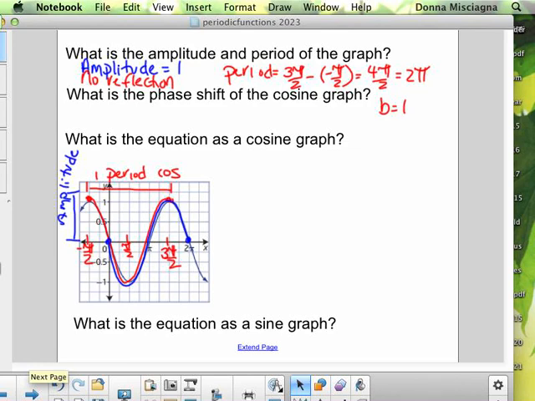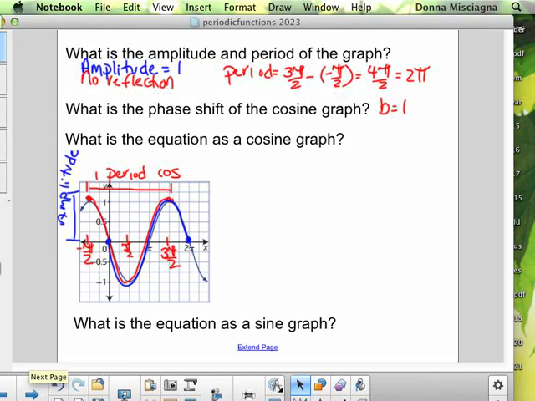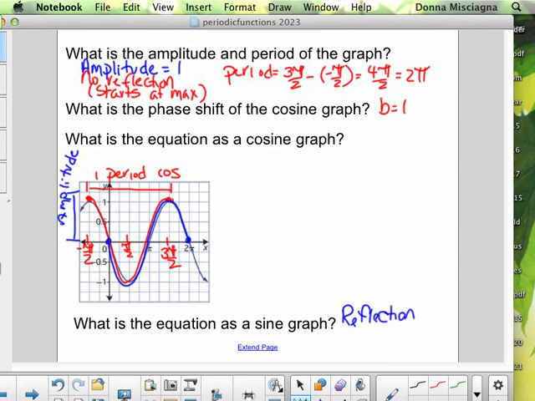And the sine graph has a reflection, because notice it's going down instead of up.